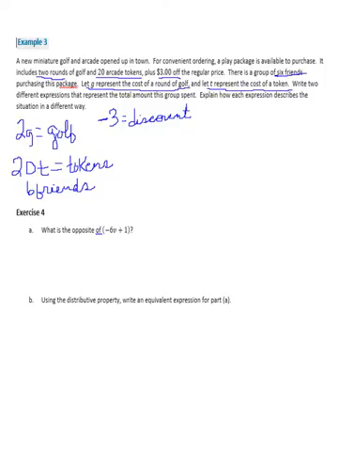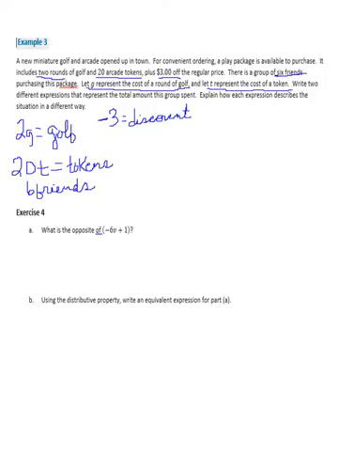Okay. So I want to write an expression that would give me a total cost here. I don't know the cost of my golf, and I don't know the cost of the tokens, but I know that I'm going to play 2 rounds of golf, and I know that I'm going to purchase 20 tokens, and I know that 6 friends are going, and I know that we all get that $3 discount.